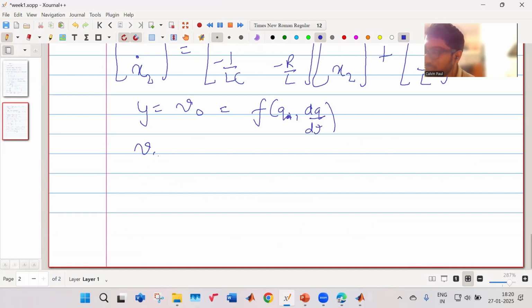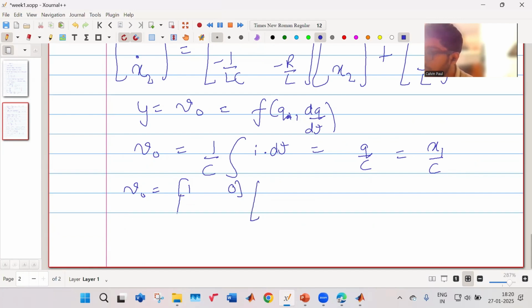Acha. So the output voltage actually is 1 by C integration of I into dt. So this is equal to Q by C. Yes. So this I can write as x1 by C. Okay. But now we need to represent it in terms of x1 and x2. So we write V output is equal to 1 by C, 0, into x1, x2.